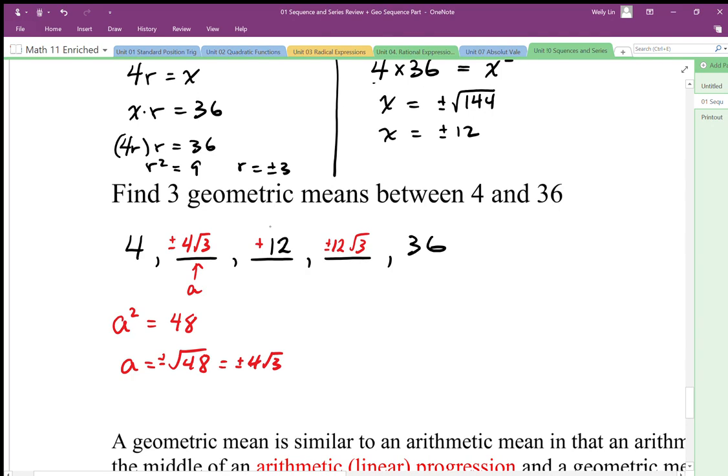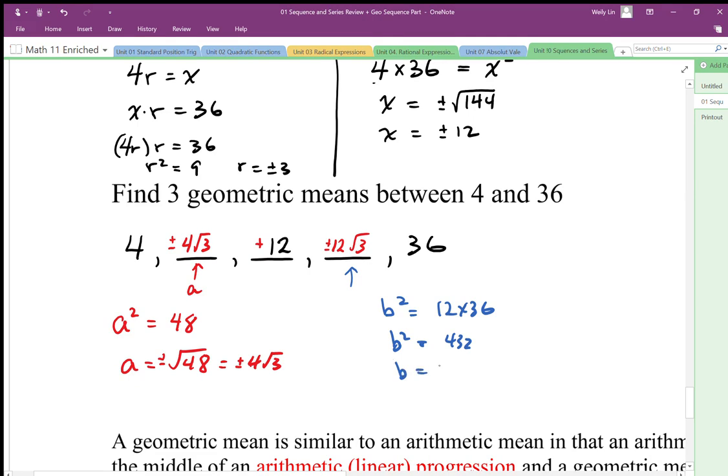Instead of using the common ratio to jump, I can use the same process again. B squared is equal to 12 times 36. And that works out to be 432.